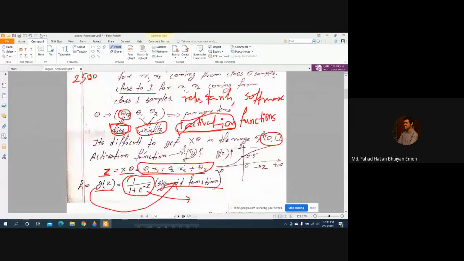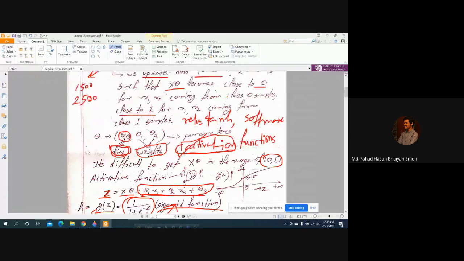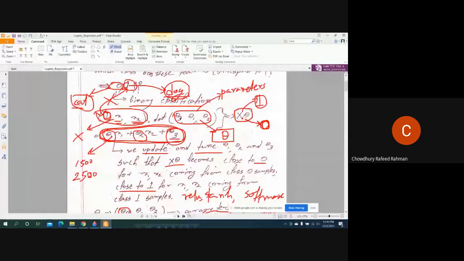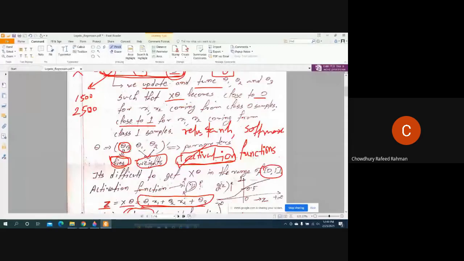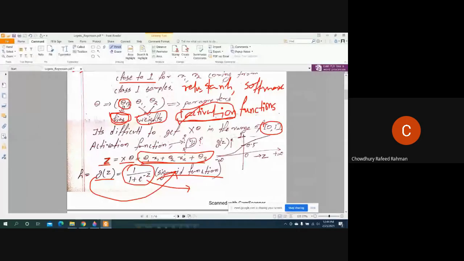Sir, I had a question. Sure. Sir, when we work with multiple classes, can we use the sigmoid function, or do we have to change the activation function? Yes, this is a very good question, and I shall answer it in the next class, because we shall go through the introduction of neural networks and see how multiple nodes are handled.